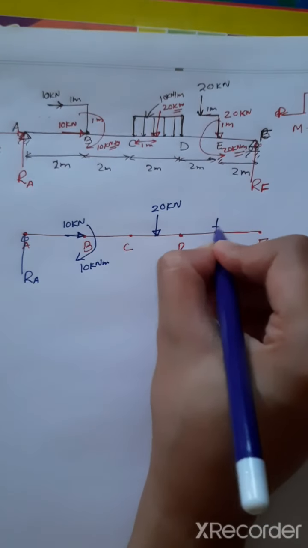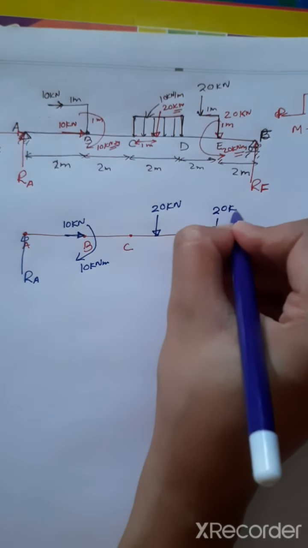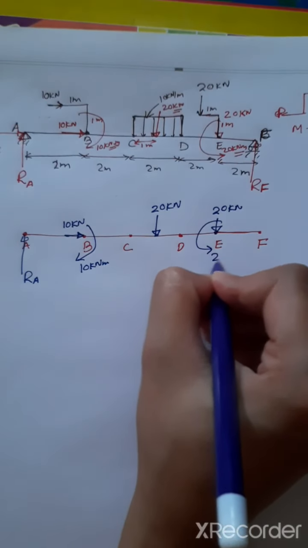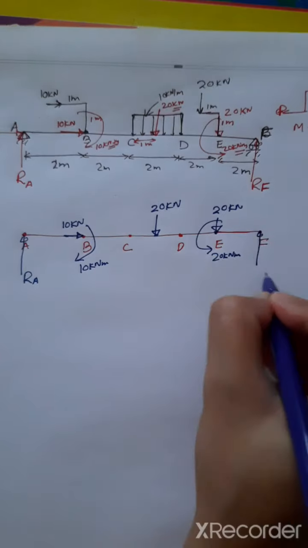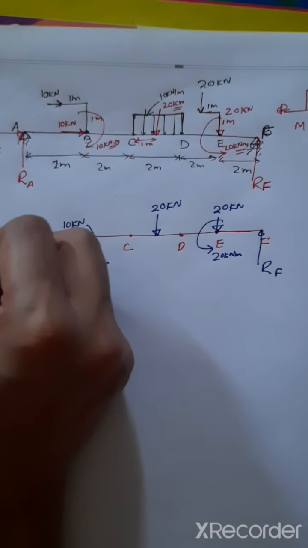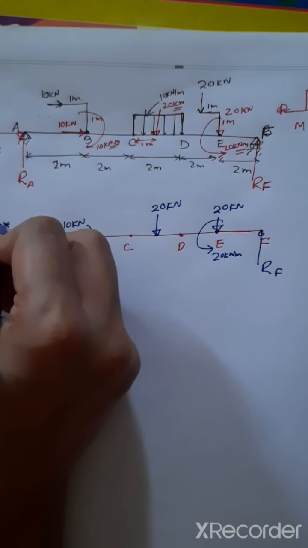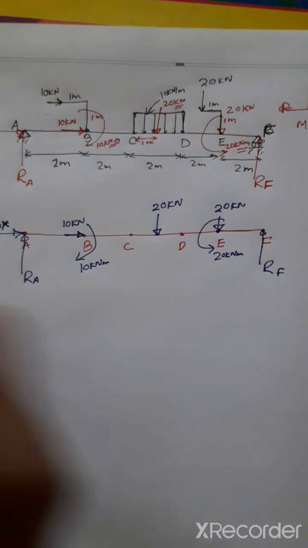At point E we have a vertical downward force of 20 kilonewton and a moment of 20 kilonewton meter. At point F we have a vertical reaction of RF, and here we have a horizontal reaction RAX. So we have resolved all the forces. This is called the free body diagram.